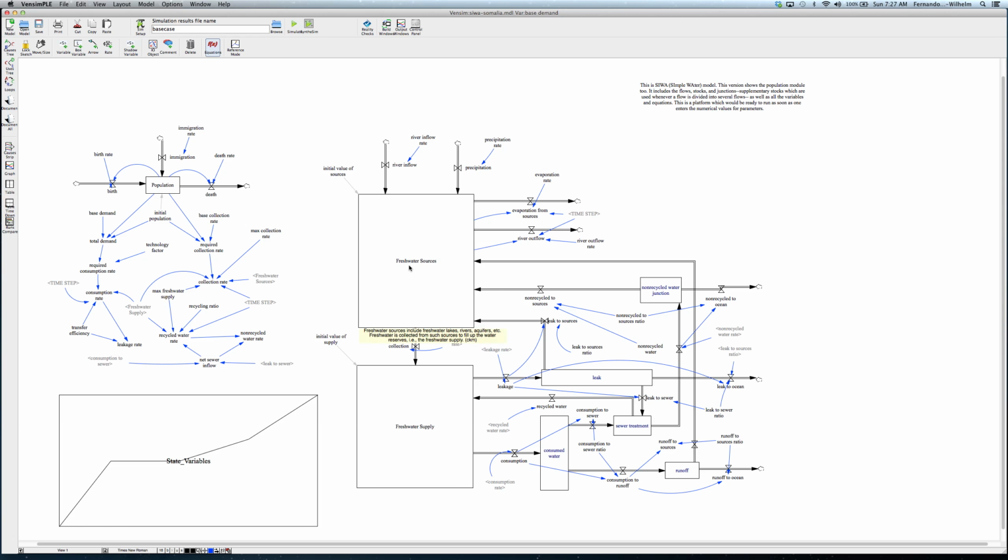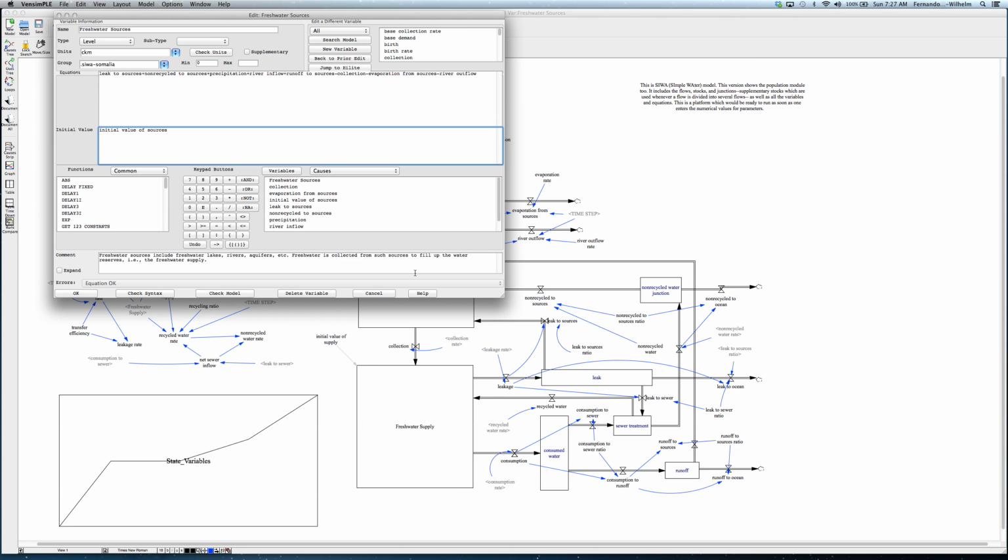Let's look at the freshwater sources. Essentially, freshwater sources have an initial value. So this is a stock, and if you look at the equation for that stock, it's essentially the balance between the positives and the negatives. There's an initial value of the sources, which we'll see in a second.